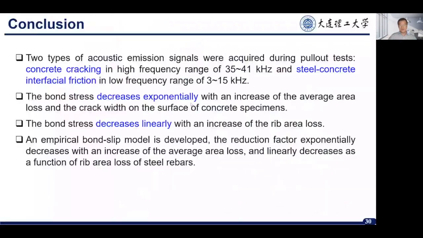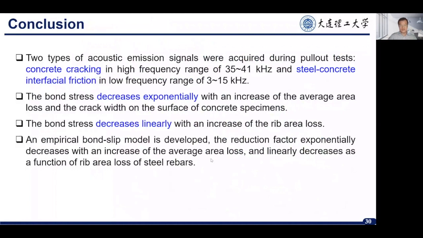So finally, conclusions. There are 2 types of acoustic emission signals acquired during the pull-out test: concrete cracking and steel-concrete interface friction. The bond strength decreased exponentially with an increase of the average area loss and the crack width, and it decreased linearly with an increase of rib area loss.